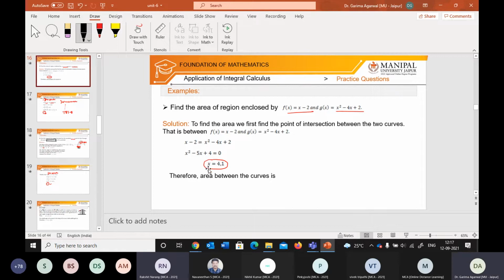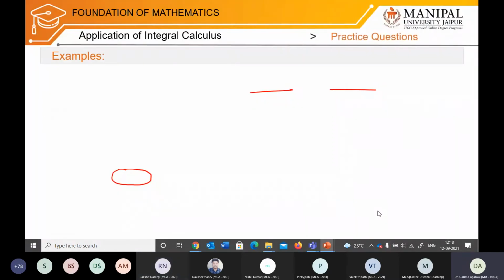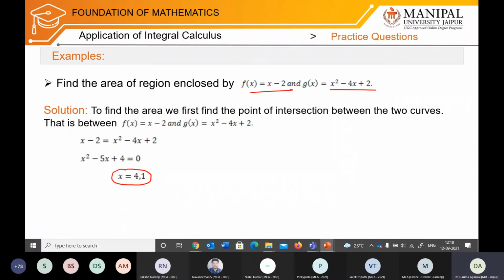In the previous question I found the limit of x by equating these two curves. Let me explain it again, no worries. In this question I have only two equations, I don't have any intersection point. To integrate I need to find the intersection point. How can I find it?